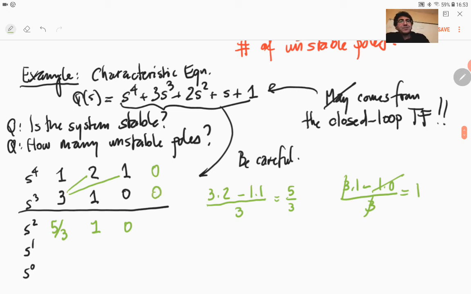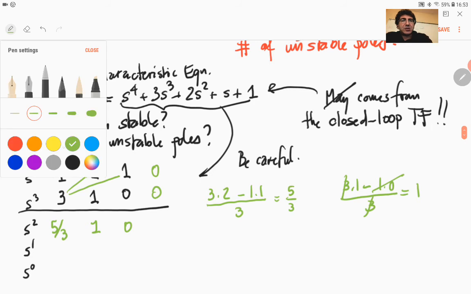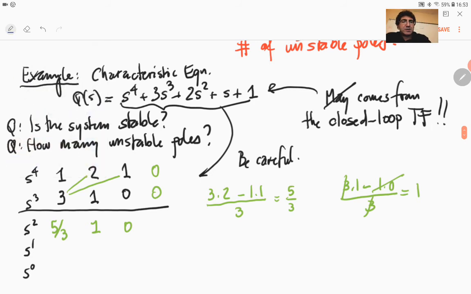Now, what about the second row? Let's again change color as we did before. Here I will have 5 over 3 times 1 minus 3 times 1 divided by 5 over 3.